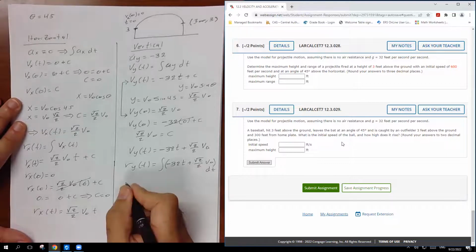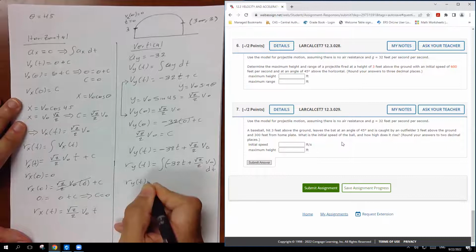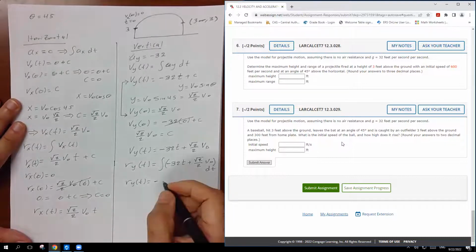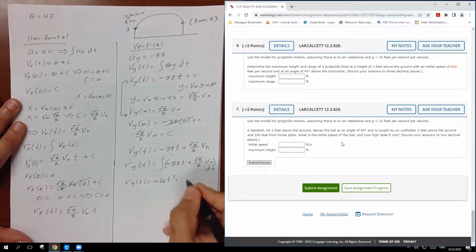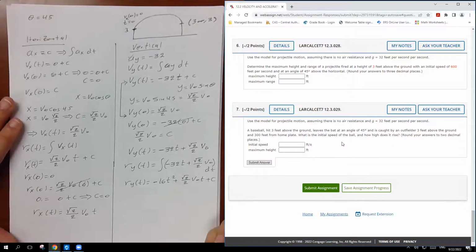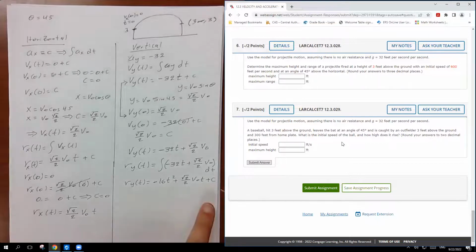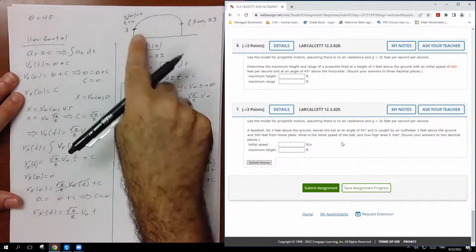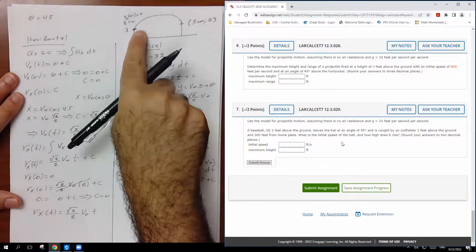So r sub y of t is going to be equal to negative 16t squared plus square root of 2 divided by 2 v naught t plus c. The same thing. Now, to find the value of c, at time equals 0 the height is 3.